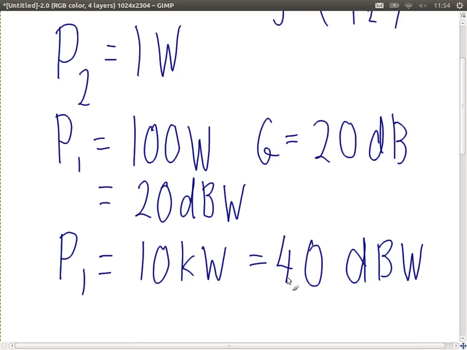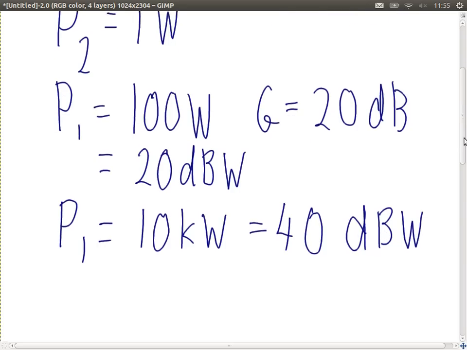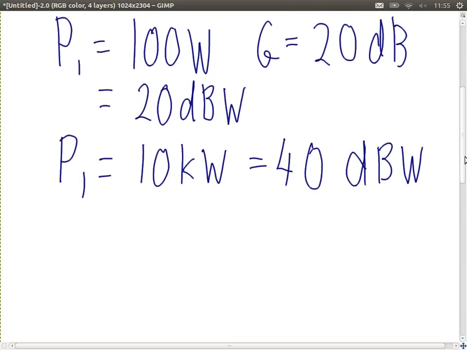So this new notation is relative to some reference power level. In this case, the reference is 1 watt. And it's commonly used in communication systems and other systems. Another reference which is commonly used is not 1 watt, but 1 milliwatt. What if P2 was 1 milliwatt?